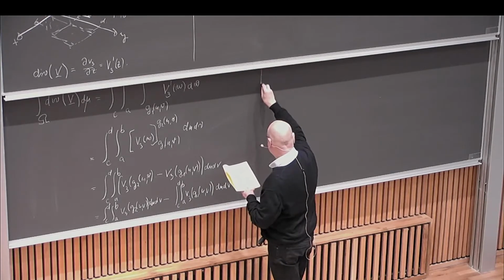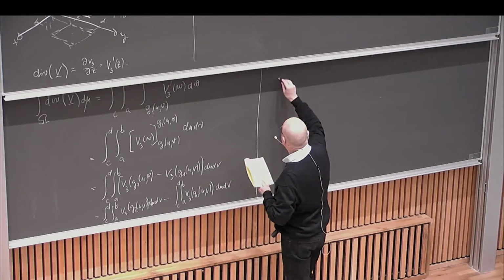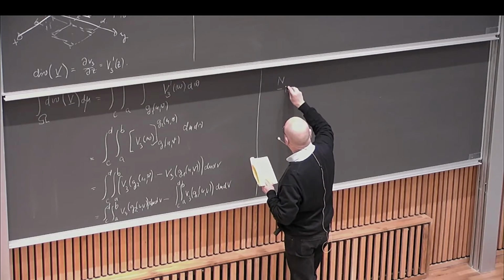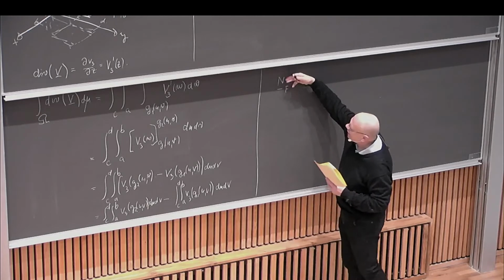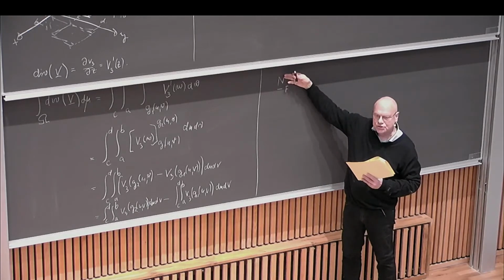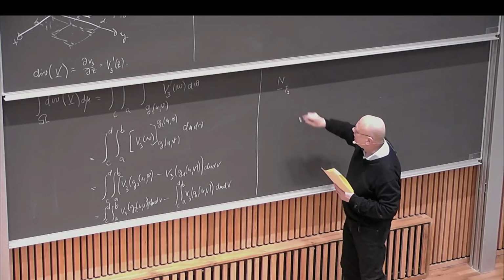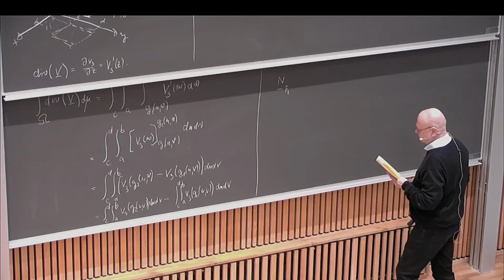So let me find this, because I call this, and I just indicate that this is not a unit normal vector, so I use capital N here, and I have the surface F2.